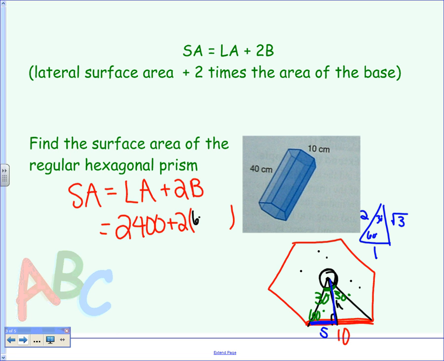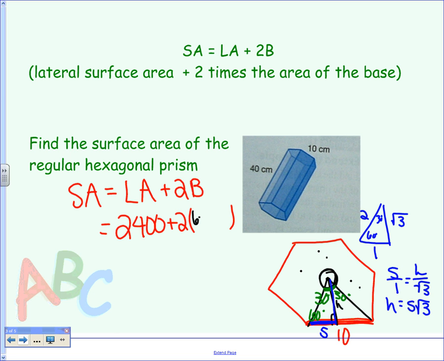So what proportion would I set up? Do you agree with Chandler? And so what do you get for your height? Yes. Does that make sense? Any questions where the height came from?